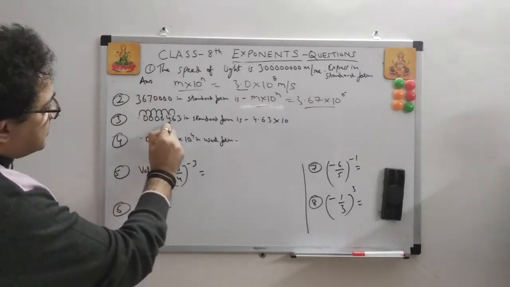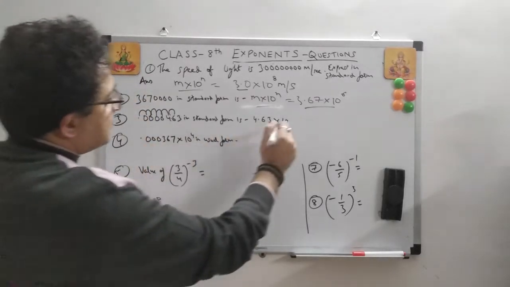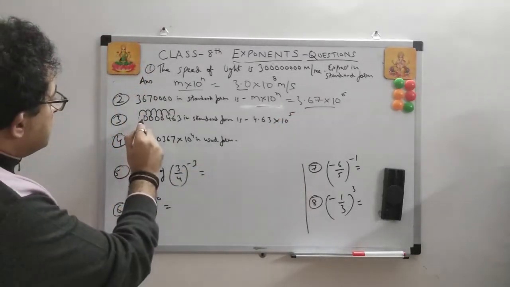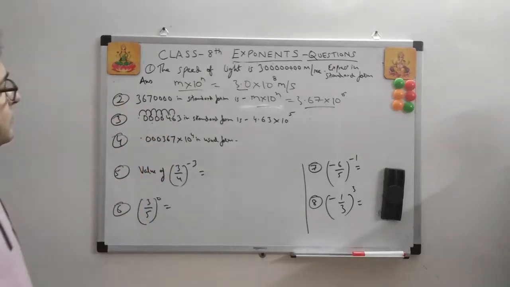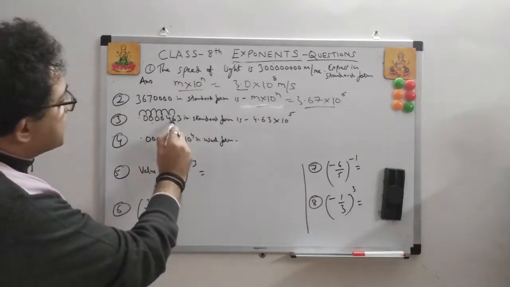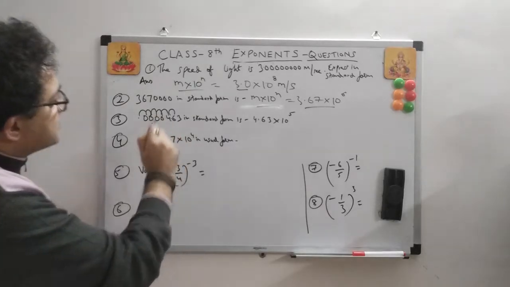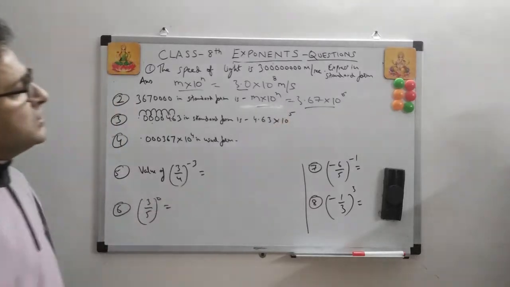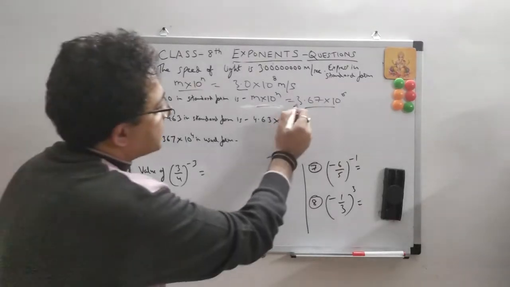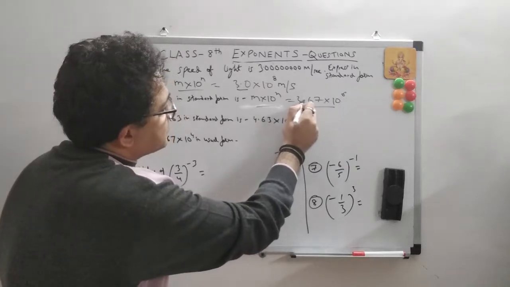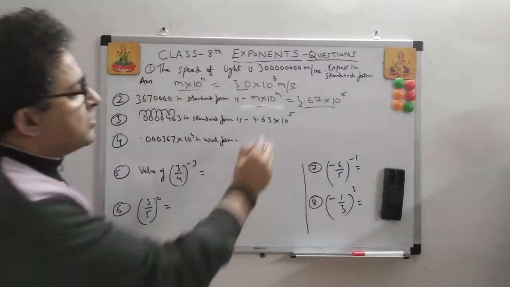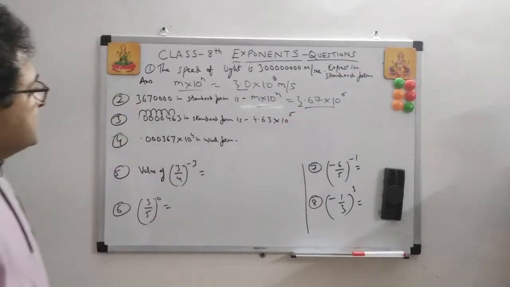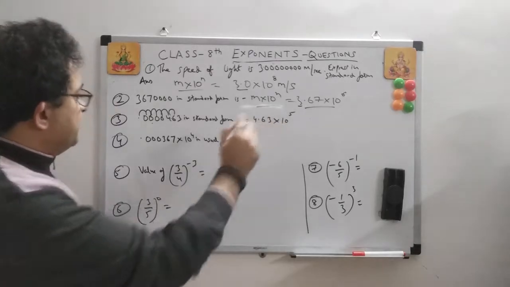Because it has to be in this form, 4.63 into 10 to the power 5. If it was 6, then it would be 46.3. I want this in this form, 4.63. The standard form is in this form, 3 point... It has to be just one digit to the left of the decimal point. Only one digit to the left of the decimal point. This is the standard form. So it is 4.63 into 10 to the power 5.